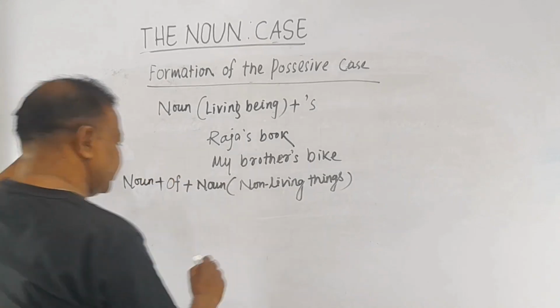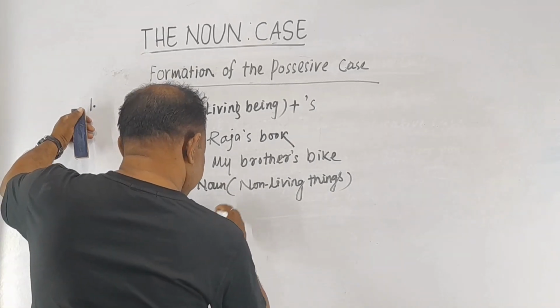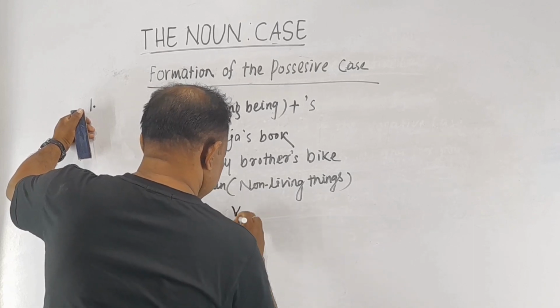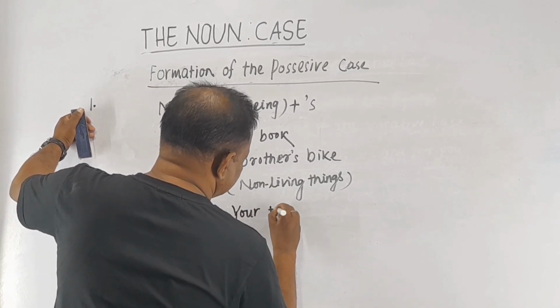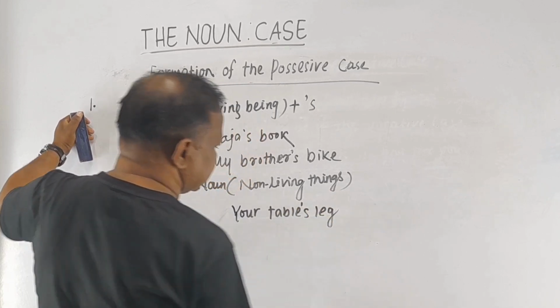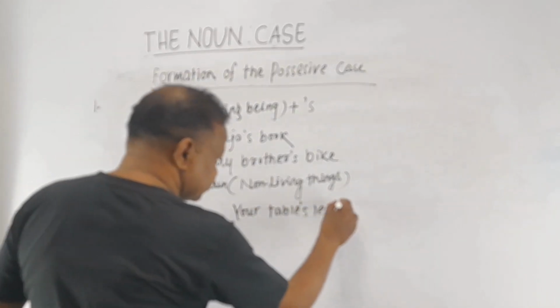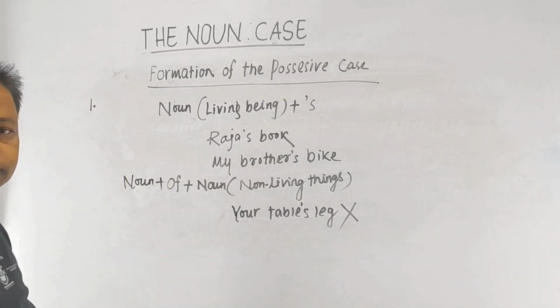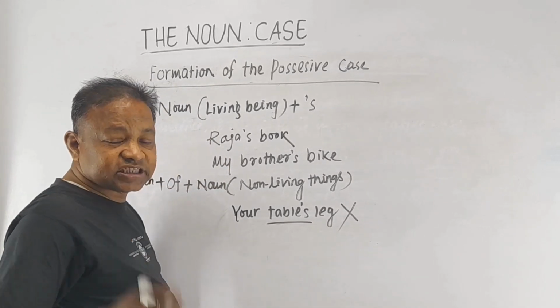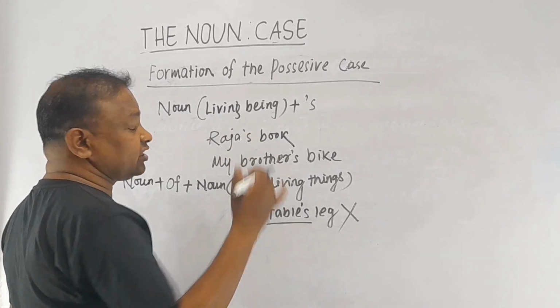Listen, for example, we talk: your table's leg. Your table's leg. This one is incorrect. Because table, this one is the noun, but this refers to a non-living thing.